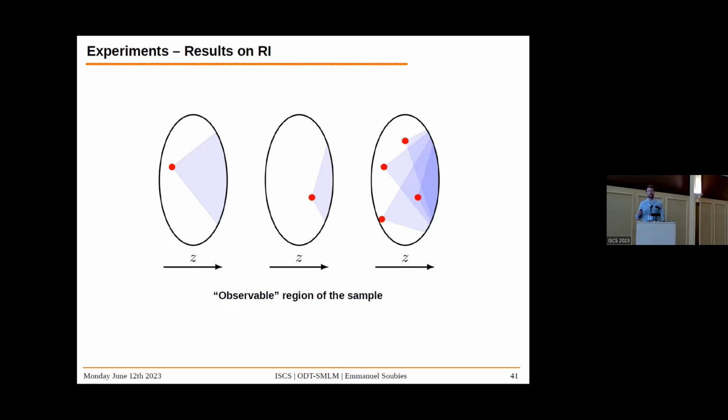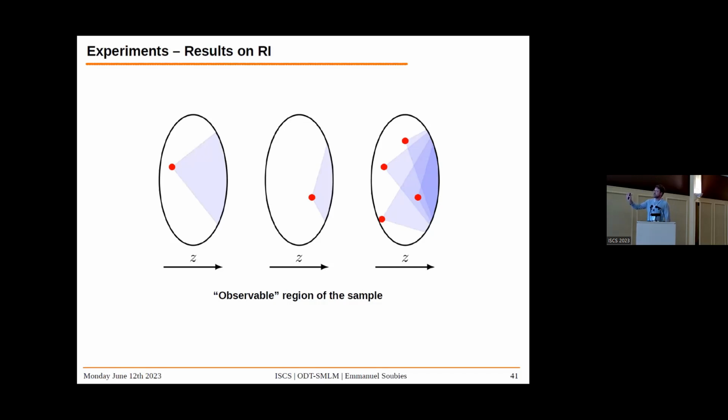To try to explain that, the illumination sources in this setup are within the sample, because the fluorescent probes are within the sample. And we can try to illustrate what region of the sample a molecule will provide information about.